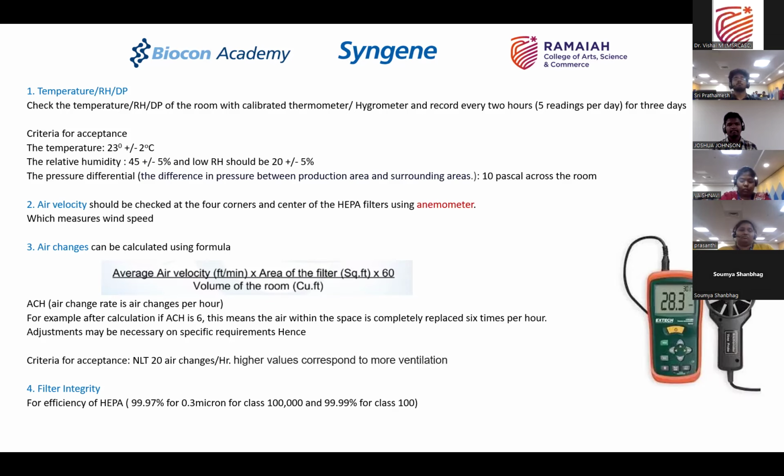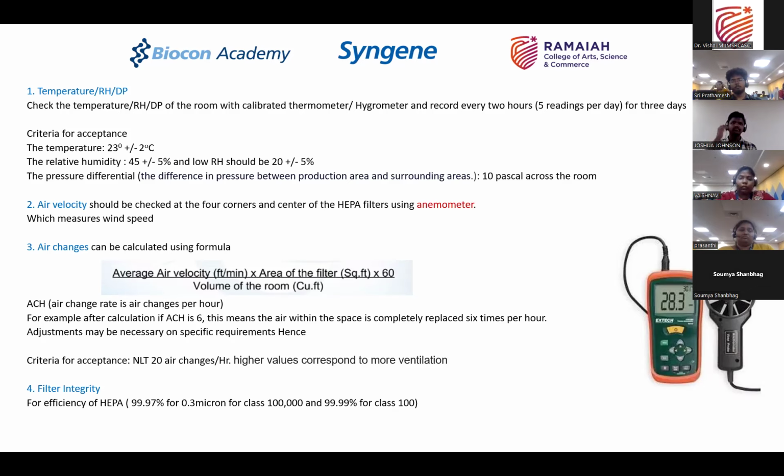So when air is getting replaced 6 times in an hour, you need to monitor different requirements for the industrial standards. In the manufacturing area, if air is changing frequently, the monitoring should also happen on that basis.